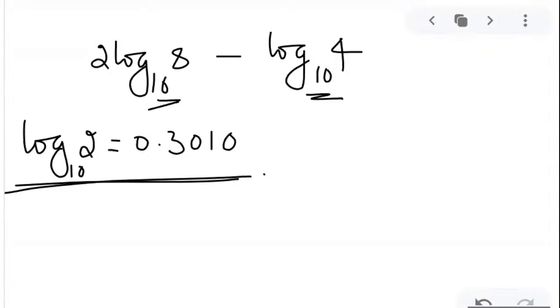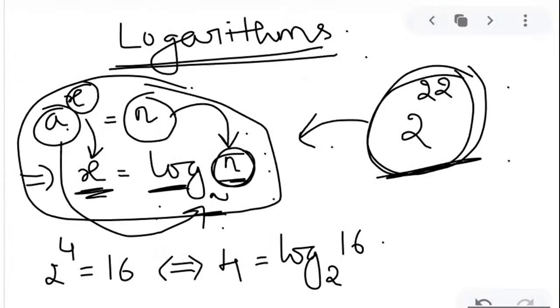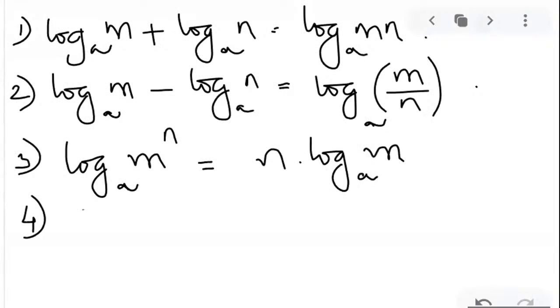What is the first thing that you'll do? You can't directly do the subtraction on this because this has 2 in the front, right? Try to convert this into a normal logarithm using the third formula.